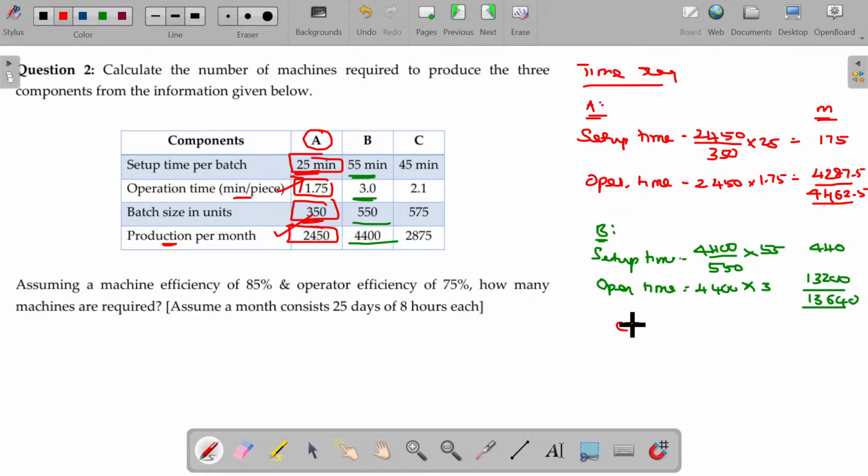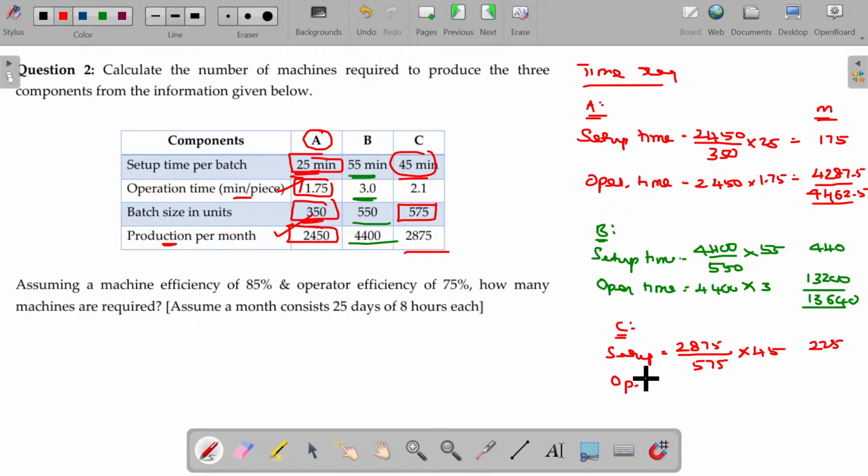Now for C, we'll start with setup time. 2875. How many units can be produced for every setup? 575. What is the time spent for every setup? 45. What is the total value? 225.